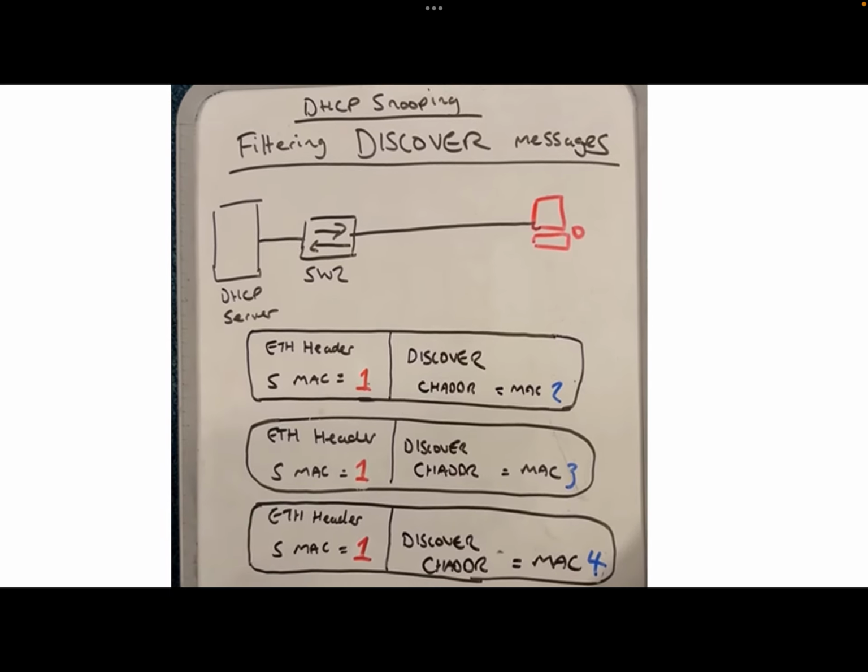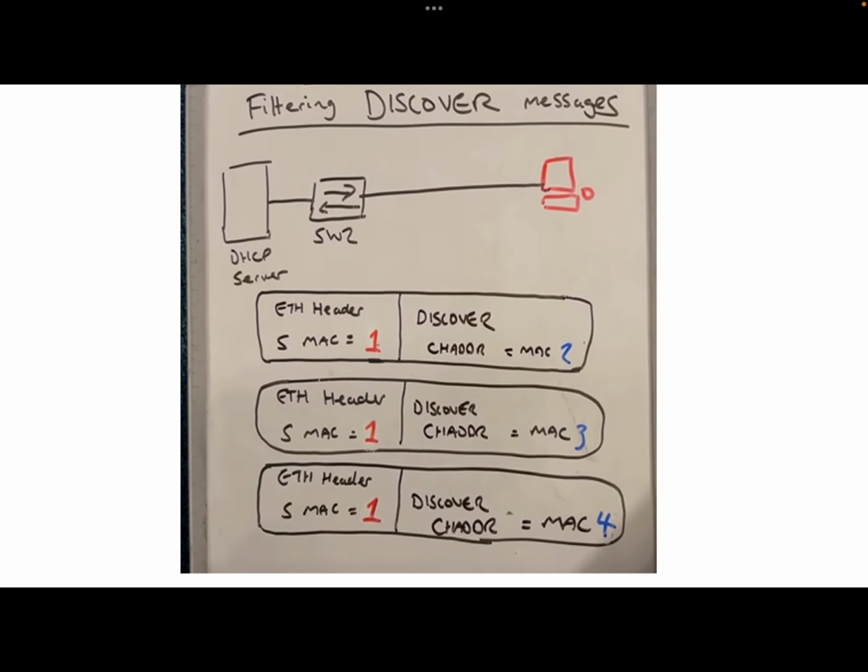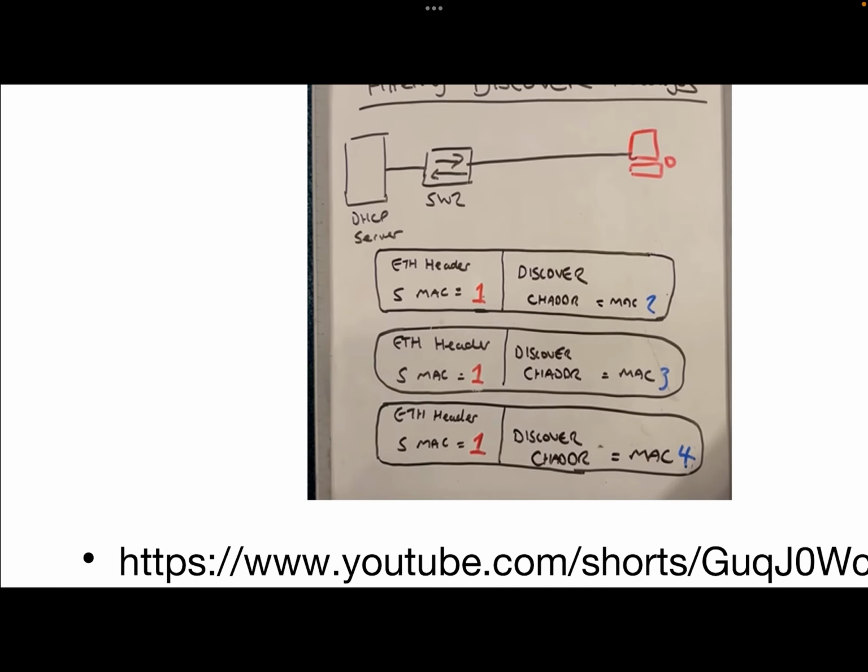The discover messages sent by the client are examined. The Ethernet header and the CHADDR, the client hardware address value, which also contains a MAC address, are checked. If there's consistency, if they're the same, then we accept those messages.